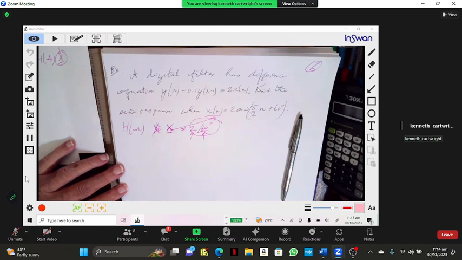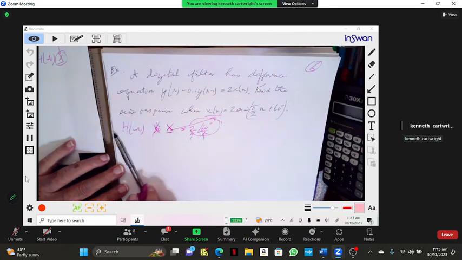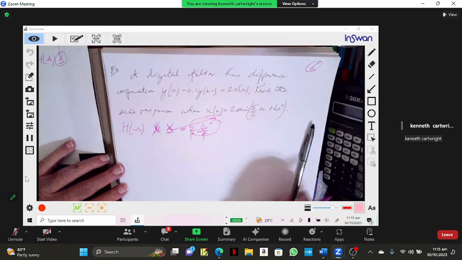What else do we need? Frequency response. And how do we get that?